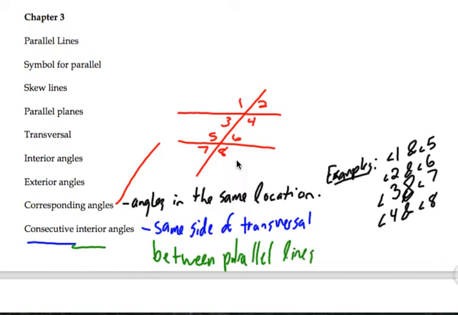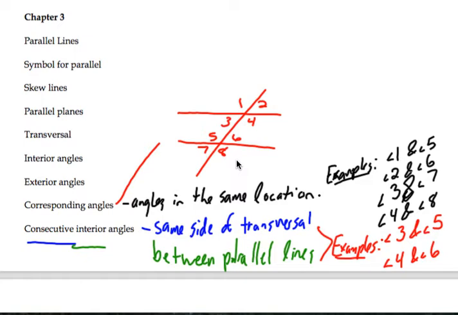So for examples of consecutive interior, there's just 2. Angle 3 is on the same side as angle 5, and angle 3 and 5 are between the parallel. And then the other one would be angle 4 and angle 6. So those are your examples of consecutive interior.